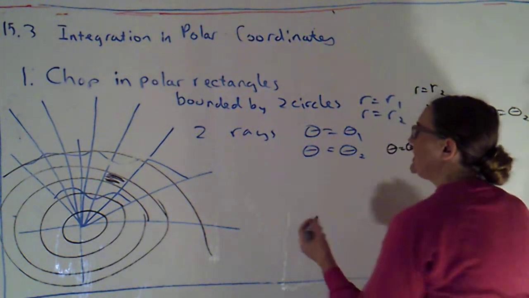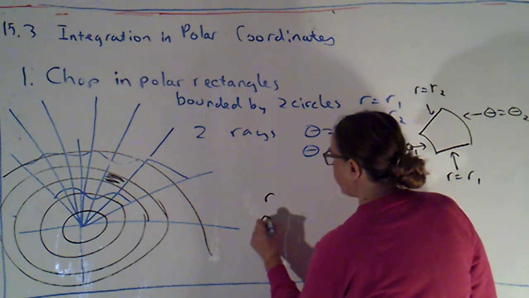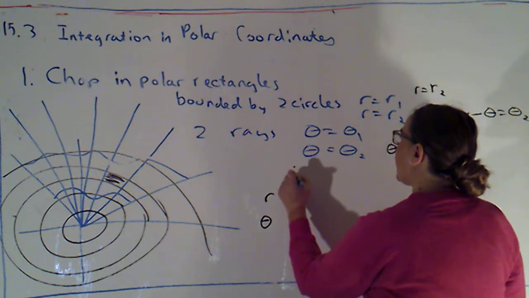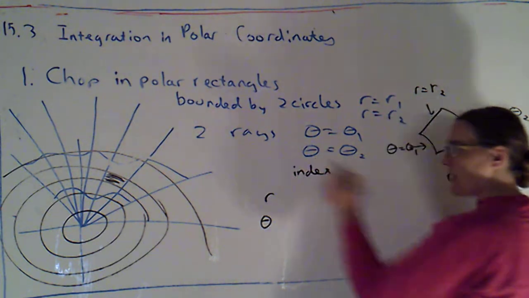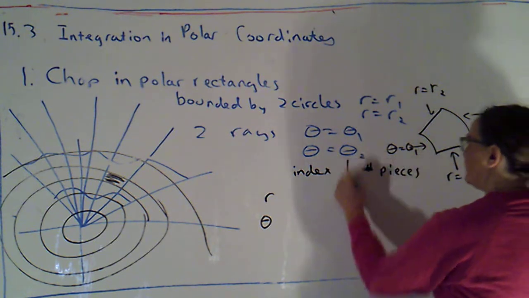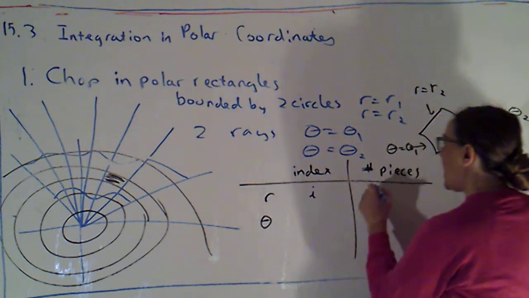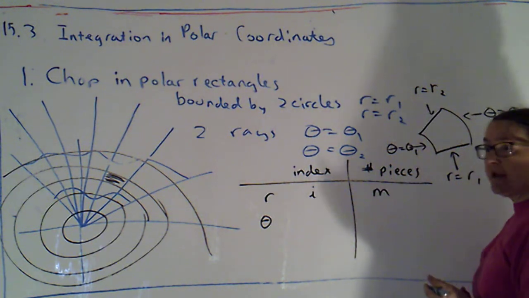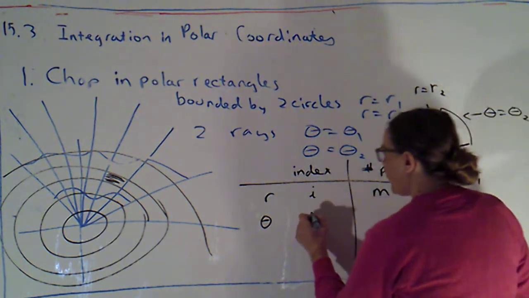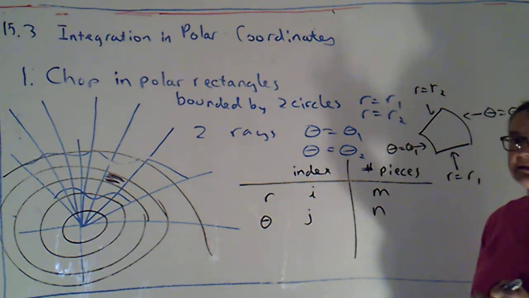I'm also going to introduce, for the r values and for the theta values, both the index to keep track of my chopping and the number of pieces. So with r, I'm going to have an index of i, and I'm going to chop into m pieces. With theta, I'm going to have an index of j, and I'm going to chop into n pieces.